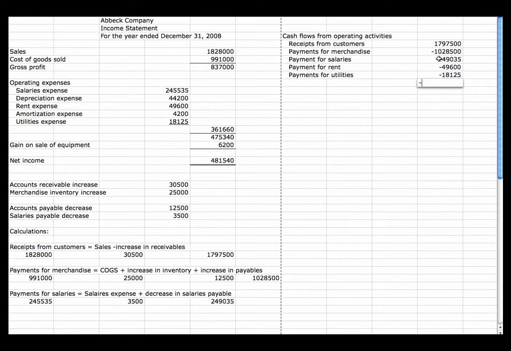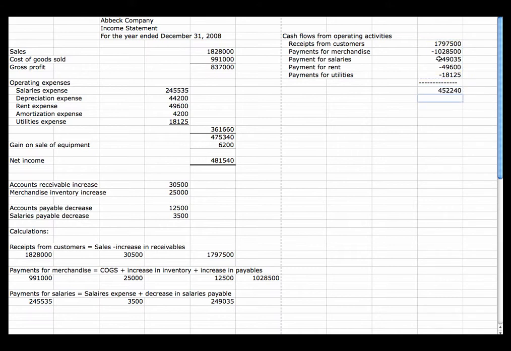So if I go ahead and put just an underline here, then we can create a formula. Take the sum of these numbers, because they're positive and negative numbers.